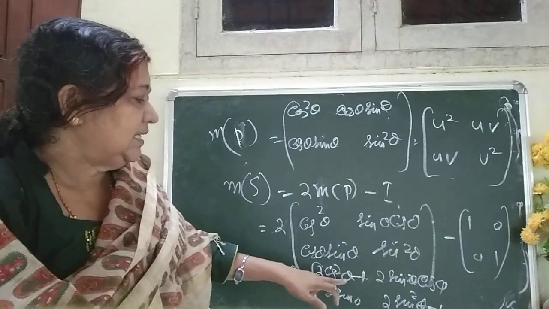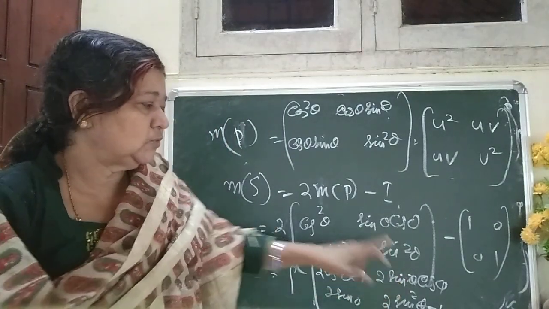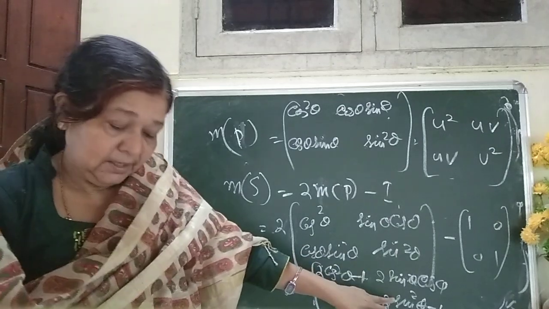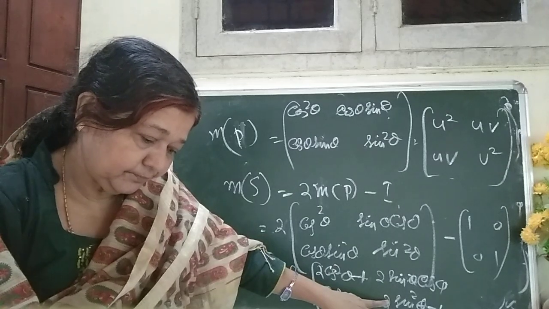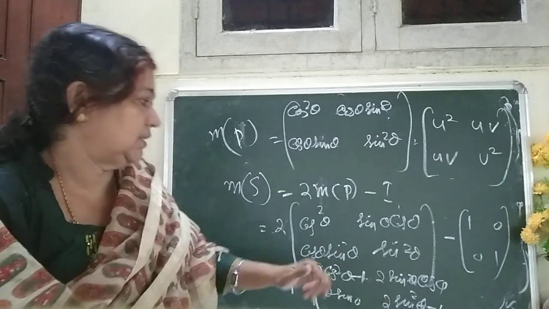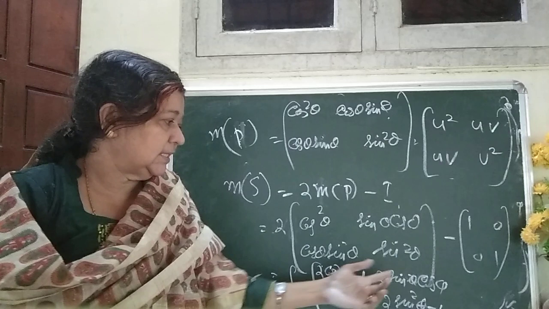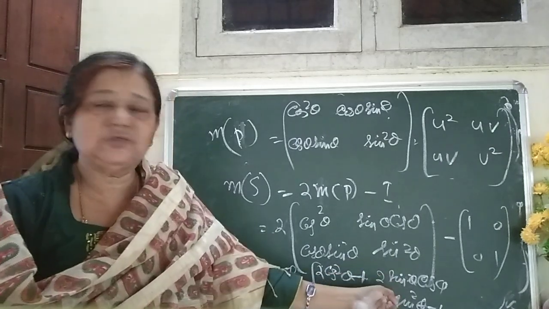So we can see that it is cos 2 theta, sin 2 theta, sin 2 theta, and minus cos 2 theta.